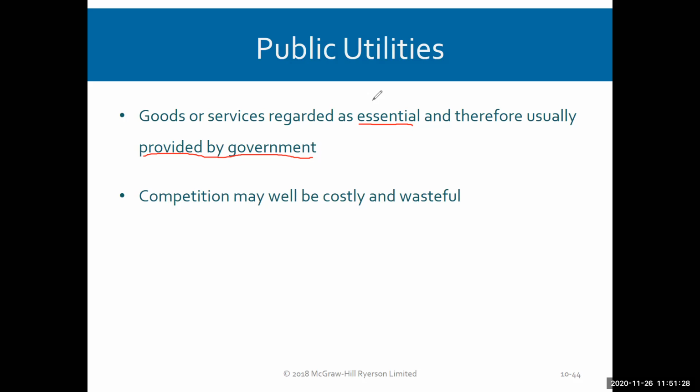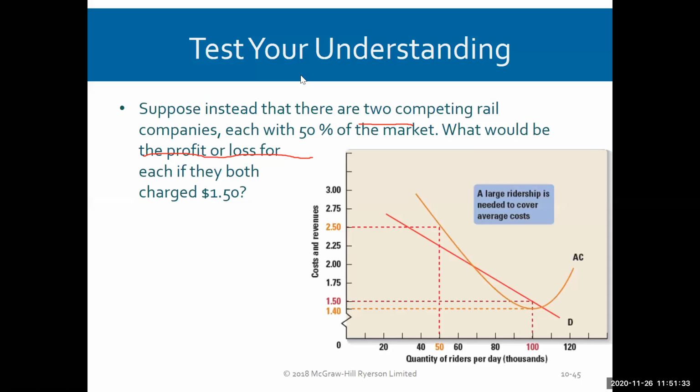Tying it directly into a public utility, which is LRT service in Calgary, but now taking a closer look at these economies of scale and why only one LRT is profitable in Calgary. It's the same diagram you saw earlier.